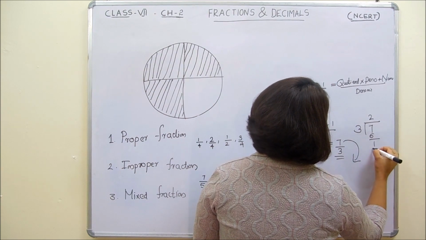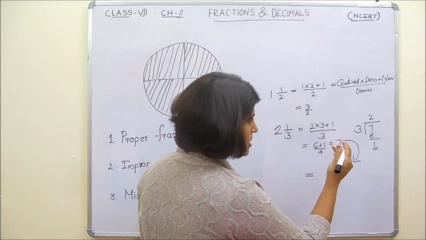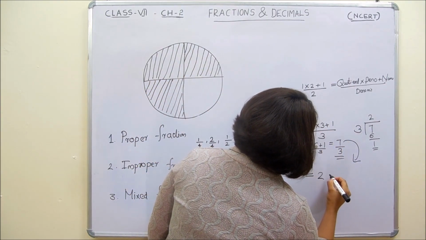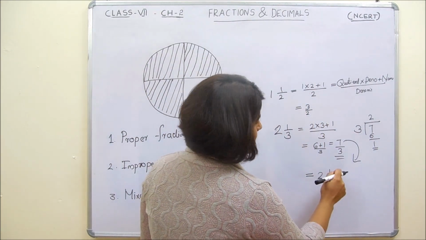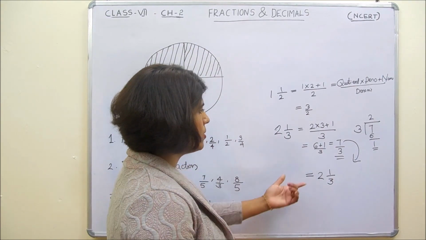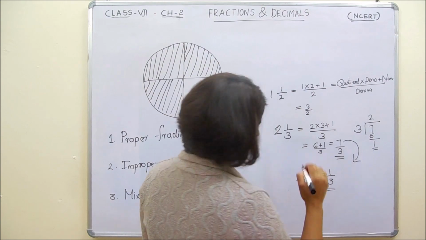Then what will remain? 1. This we can express in the mixed fraction form as 2, the quotient, and 1 by 3, that is remainder by divisor. Clear? So 7 by 3 we can express in this way.